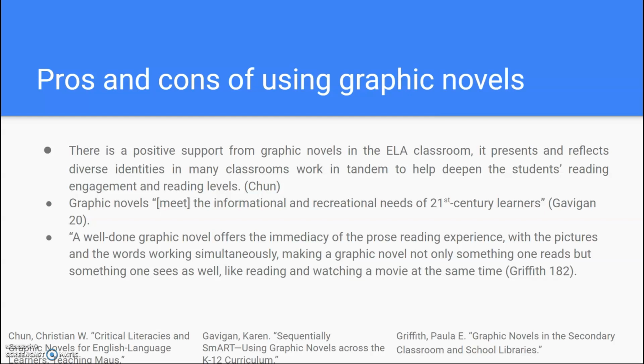You have to pay attention to the certain pictures being used and drawn, because sometimes what we think in our mind is going on is really not happening in the graphic novel. And I think that's why teachers want to explain and teach graphic novels more, to explain that you need to pay attention to these two different things.